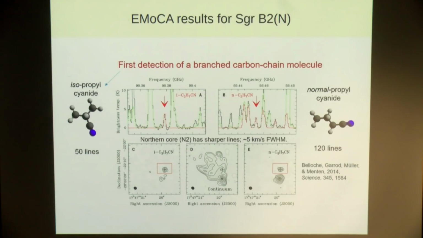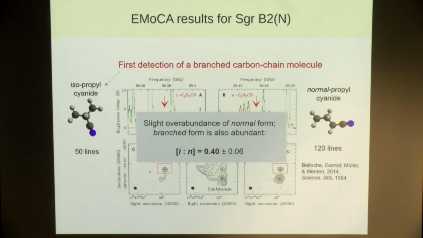Usually we think of maybe a dozen lines from an individual molecule as being a good detection. Here we found 50 for this one, so we're absolutely certain it's there. What was really interesting here was not just that it was detected, though, but that it was detected in significant abundance.